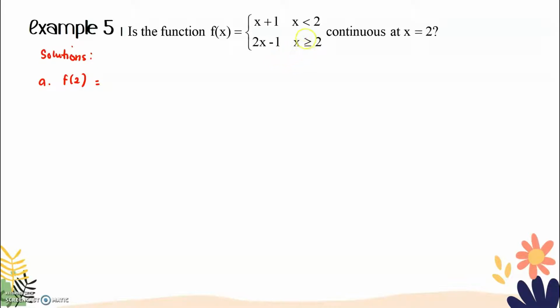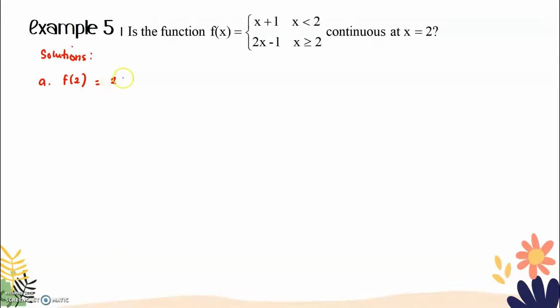Here, we have x plus 1 when x is less than 2, and 2x minus 1 when x is greater than or equal to 2. Since we have f of 2, we will take the piece of the function that will satisfy x equals 2, and that piece is 2x minus 1.